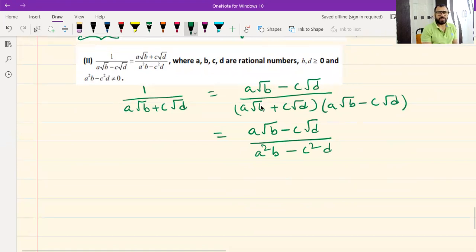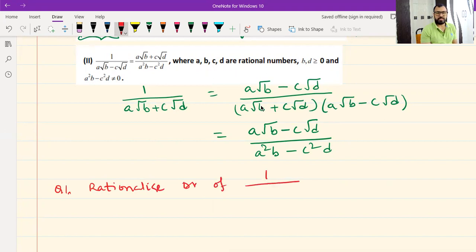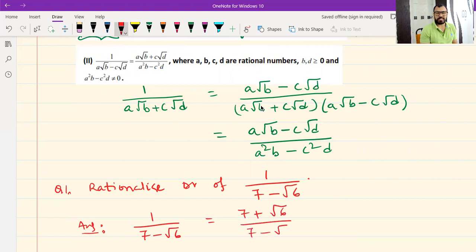I'll give you an example on this rationalization method. One example: rationalize the denominator of 1 by 7 minus root 6, for example. So here is the answer: 1 by 7 minus root 6 equals, multiply numerator and denominator by its conjugate, 7 plus root 6 by 7 plus root 6.